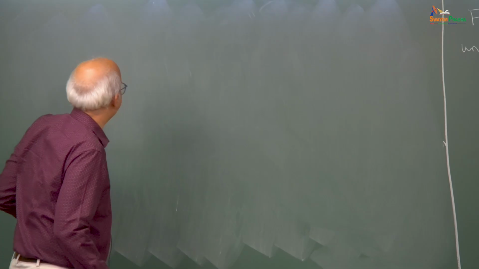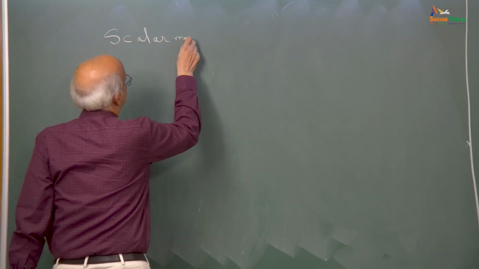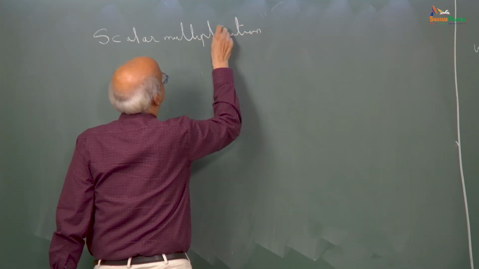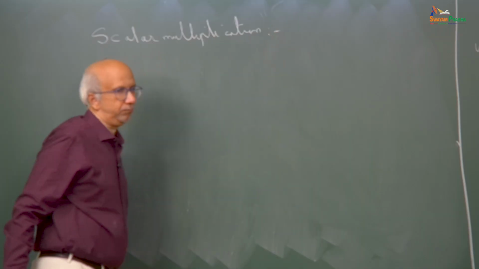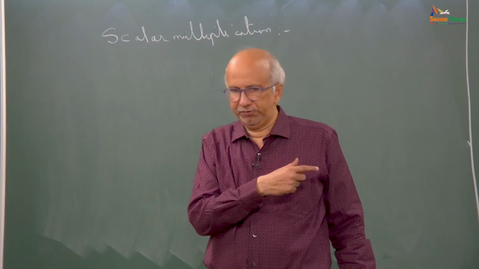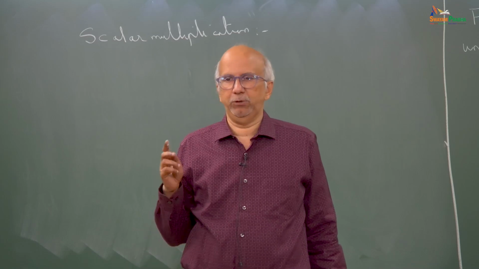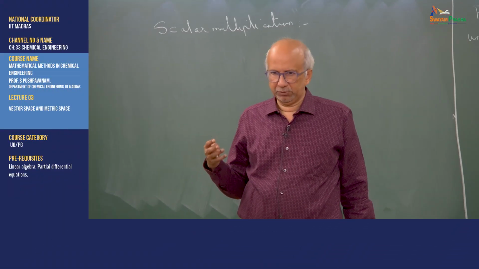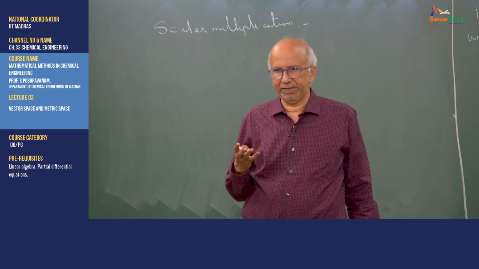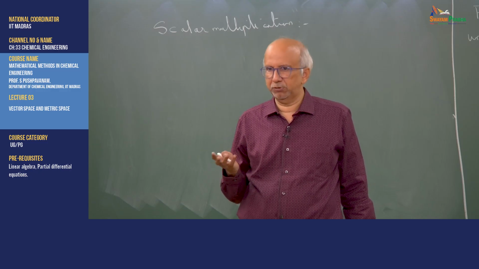Now, the concept of scalar multiplication. You take a vector and multiply it by a scalar which belongs to the field. The scalar will be a real number belonging to the field. Then you are going to get another vector which will have a magnitude decided by the scalar, and the direction will change depending on whether alpha is positive or negative.